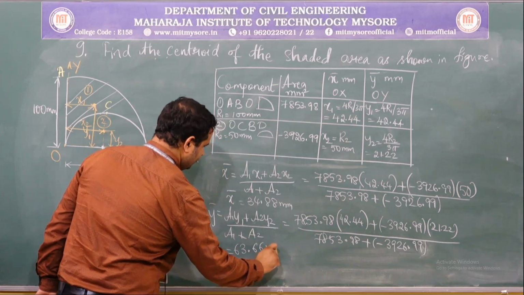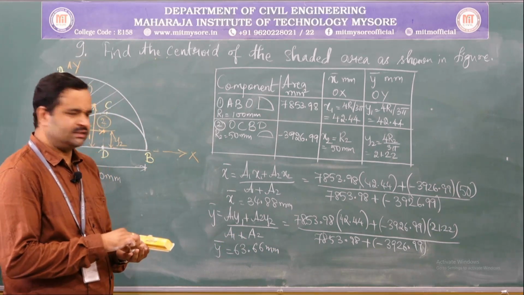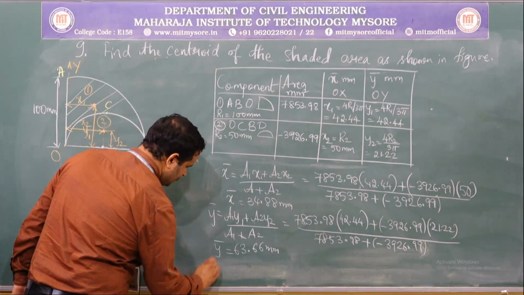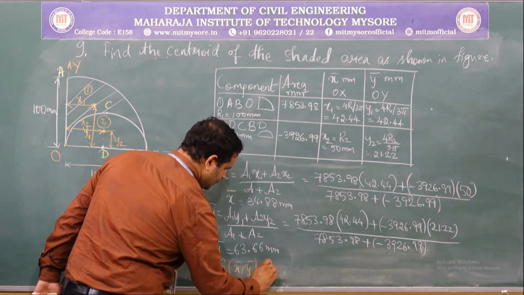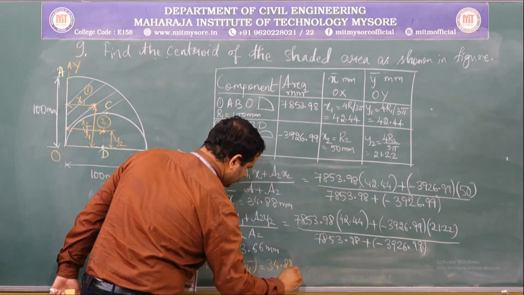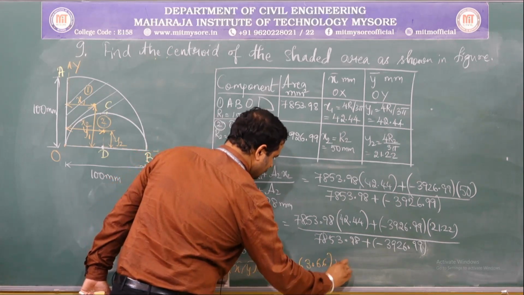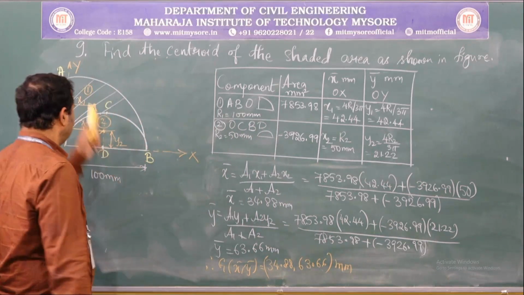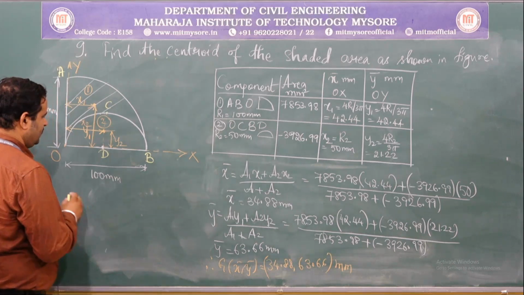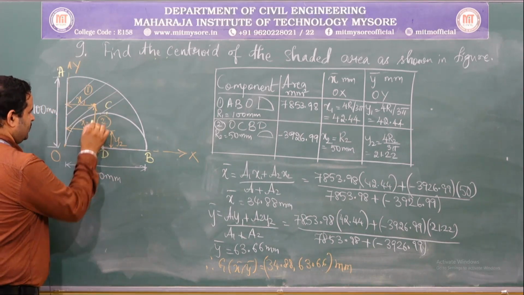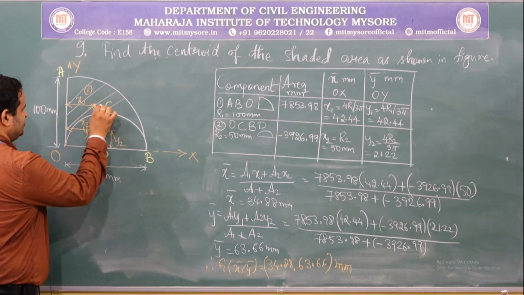So we have calculated the x bar and y bar values, and the last step will be G of x bar comma y bar is equal to 34.88 comma 63.66 mm. Now you need to locate this in the actual figure. So x is 34.88, somewhere here, and y is 63.